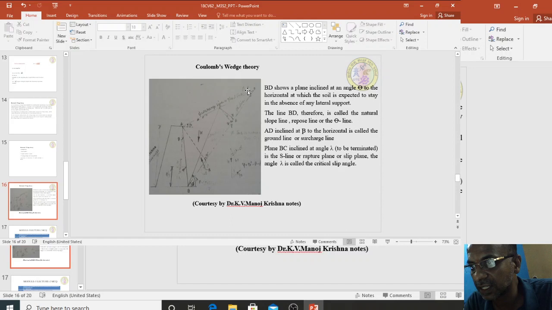AD is inclined at an angle beta to the horizontal and is called the ground line or surcharge line. The plane BC is inclined at an angle psi, and is termed the rupture plane or the slip line, and the angle omega is called the critical slip line.